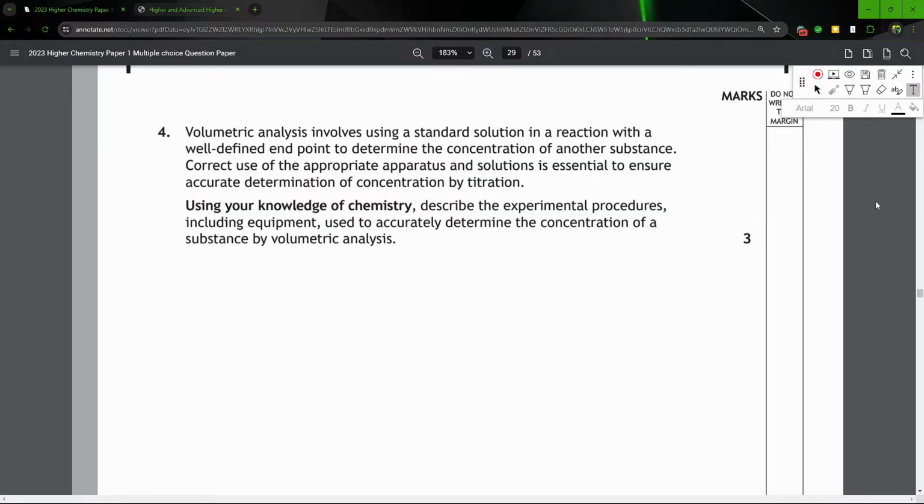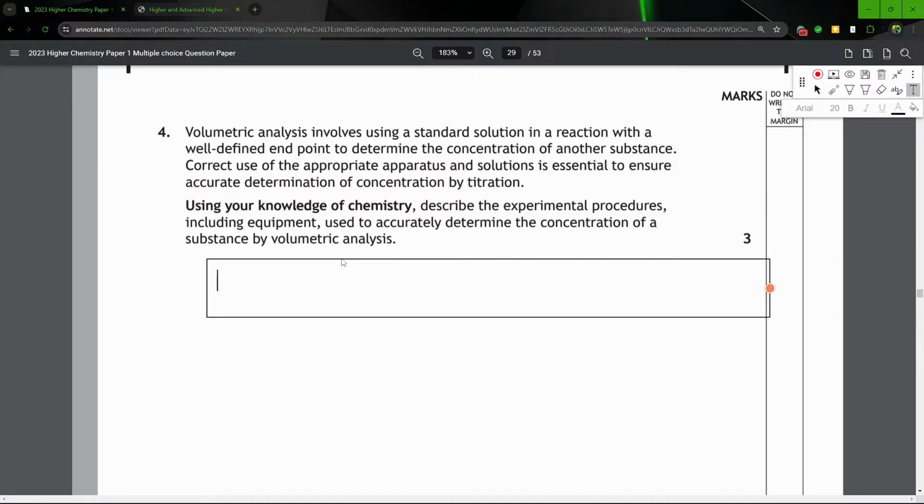As with all of the open-ended questions, they're open-ended, so you can write basically anything you want, as long as it answers the question. But you really want to make sure to show off your good chemistry by writing as much cool stuff as possible. Okay, so we just basically need to go and describe a titration.